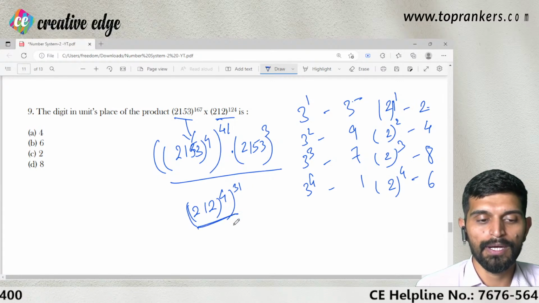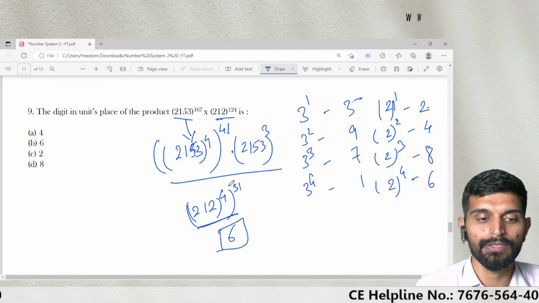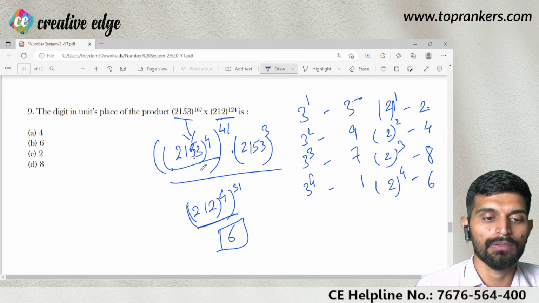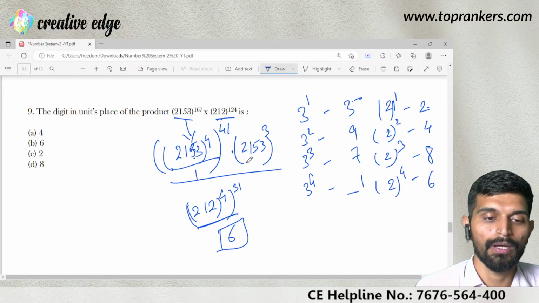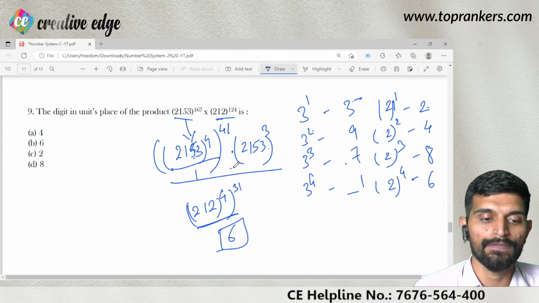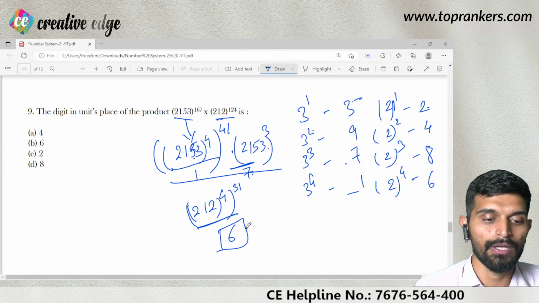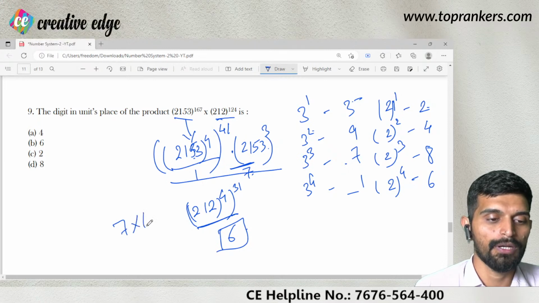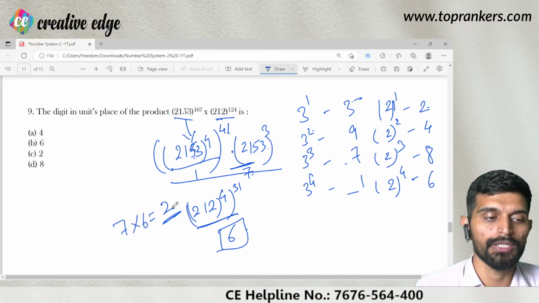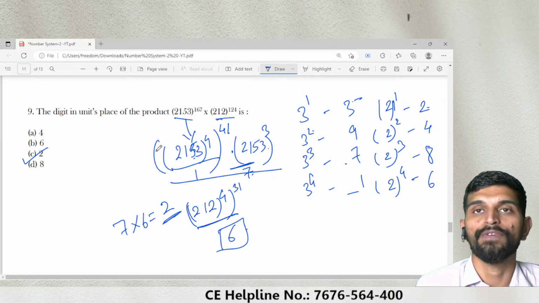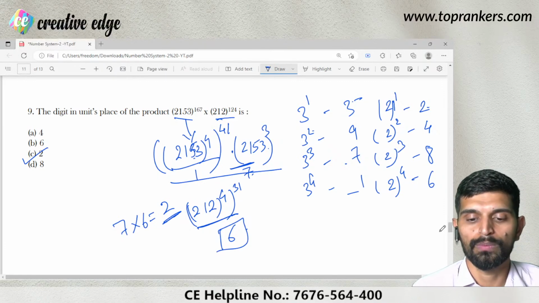So for this part, you'll have 6 as the unit digit. And for this part, this is 1 here. And for the power 3 part, you'll have 7 here. So 7 into 6, 42. Unit digit will be 2. So final answer will be 2.